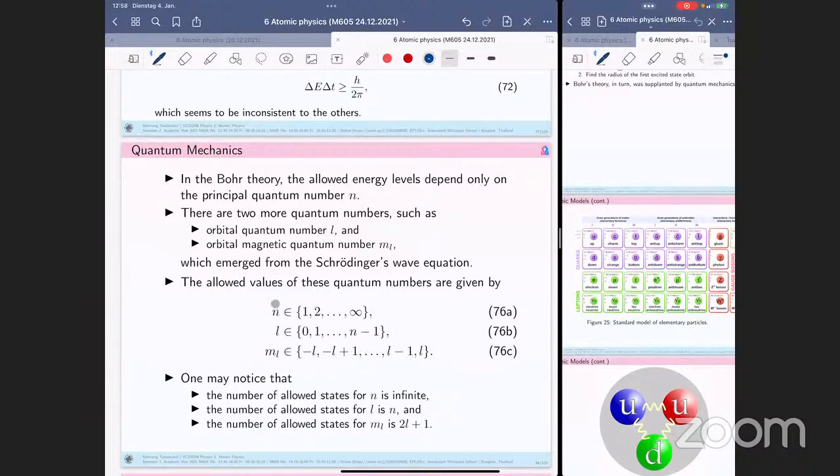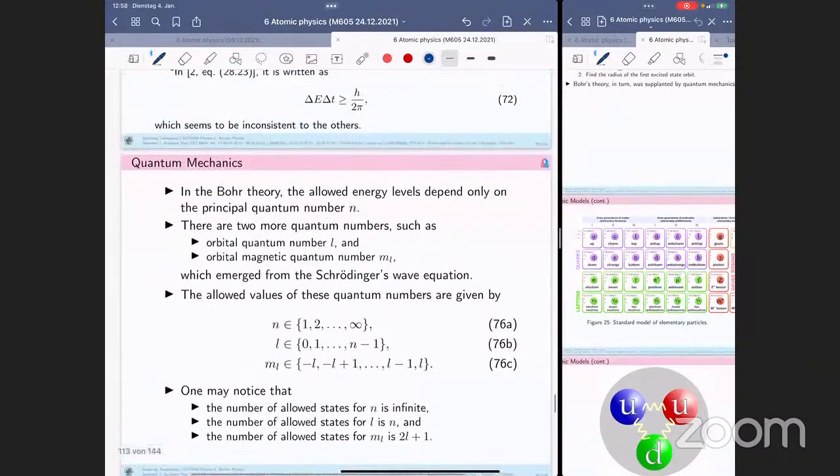For example, let me write it down. If N equals 5, oh, it's too big, I'm sorry. Let's say when N is 2, L could be a number in the set 0, 1, and that's it. Nothing more, since N minus 1 is 1.